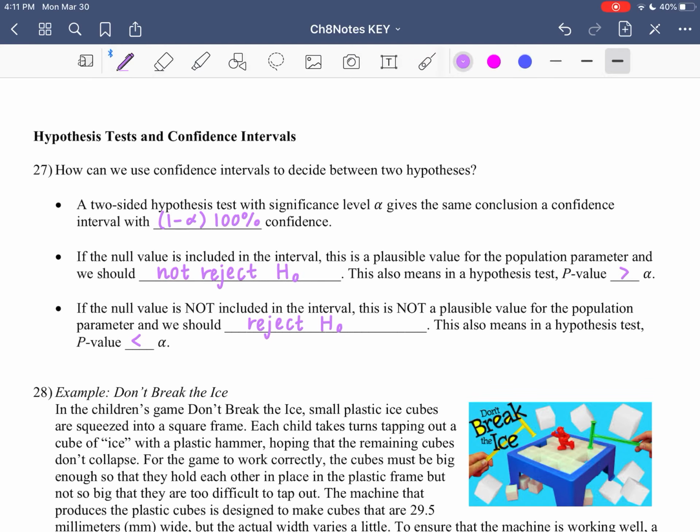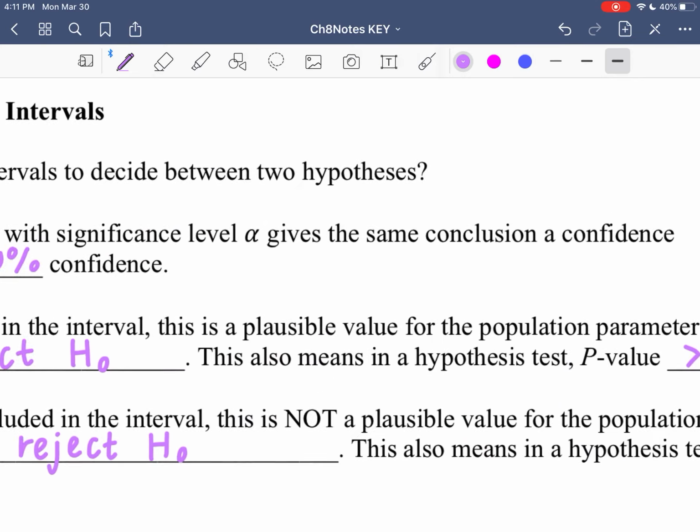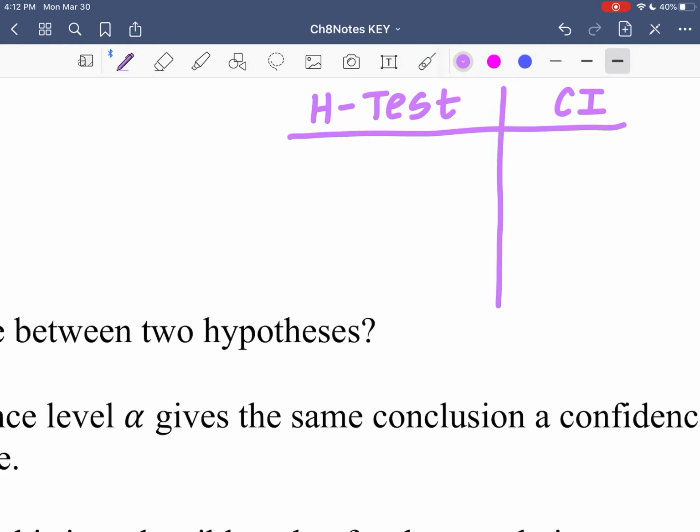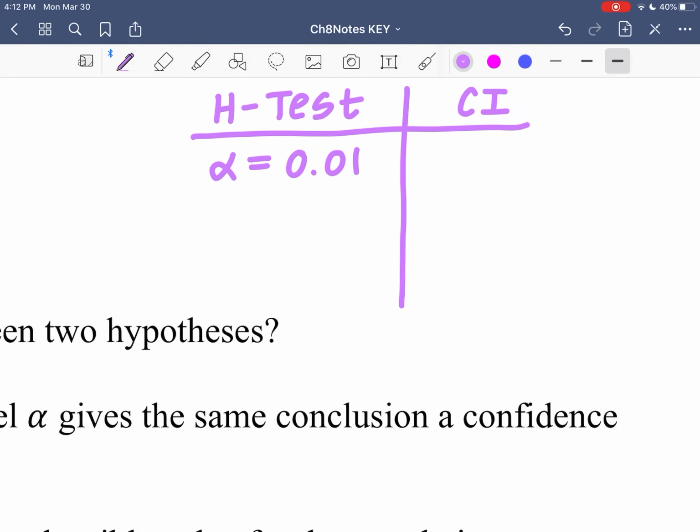Now, I know that formula looks a little bit crazy, so I'm going to make some notes over here in the corner. What this first bullet is saying is, if we want to compare a hypothesis test with a confidence interval, first, the hypothesis test needs to be two-sided or two-tailed. Let's say the alpha level for the hypothesis test is 0.01. The confidence interval needs to have a confidence level of 99%.